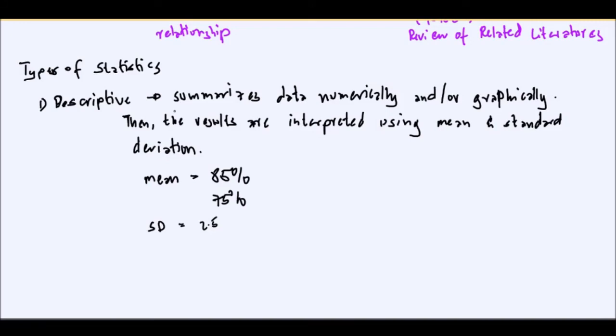So that is how descriptive statistics works using the mean and standard deviation. Of course, we are also going to discuss this further during our discussion of the measures of central tendency. So we will know far more about the mean, standard deviation. Also, we have the mode and the median.